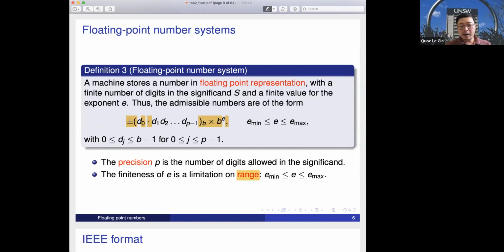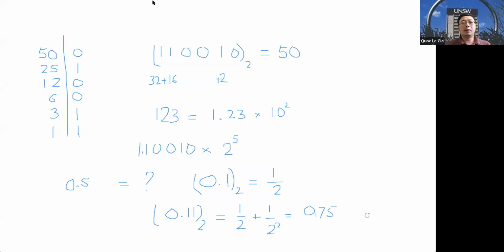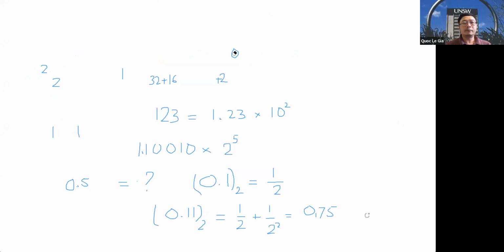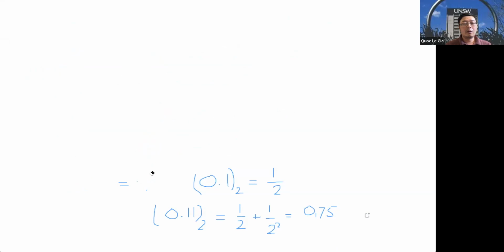So now how do we compute that number? Now we try to compute real max. So you see my whiteboard, yeah.